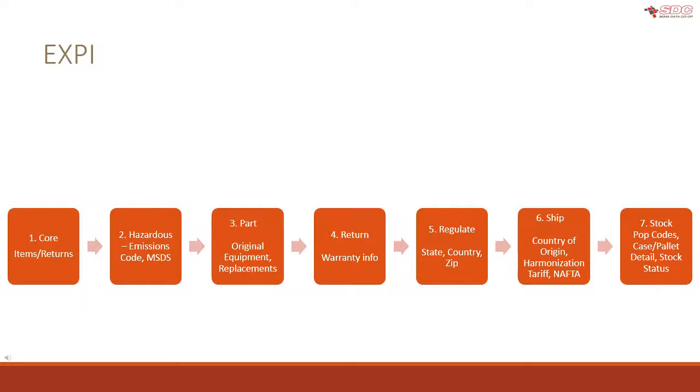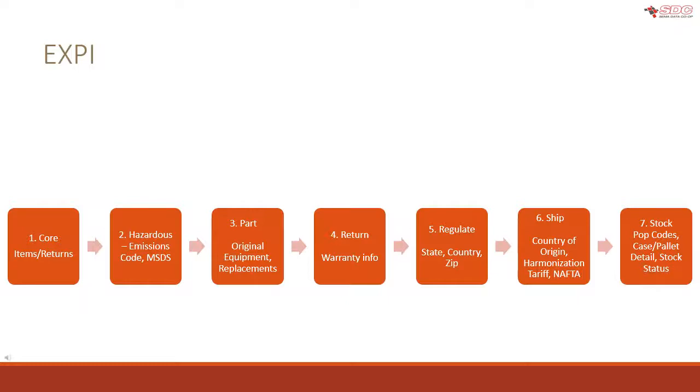Sixth is ship area, and this is where country of origin, the harmonization codes, or even the NAFTA codes go. The product life cycle is also here, and this tells if the product is available to order or discontinued. There is a table of life cycle codes that you can use to select from in the standard.